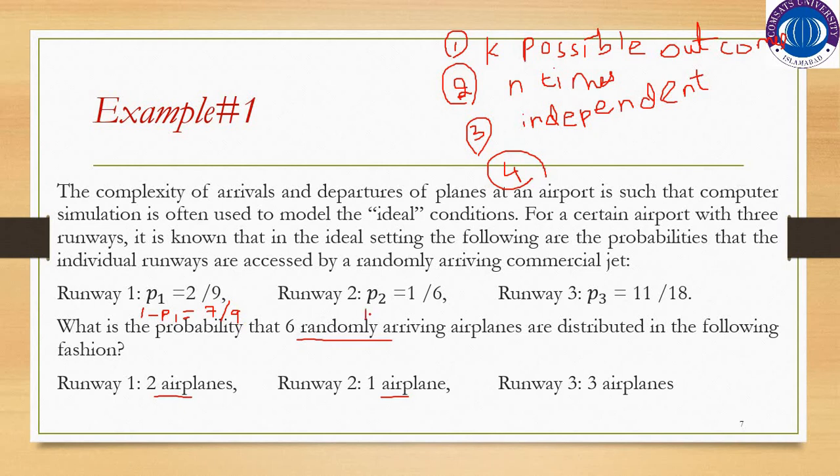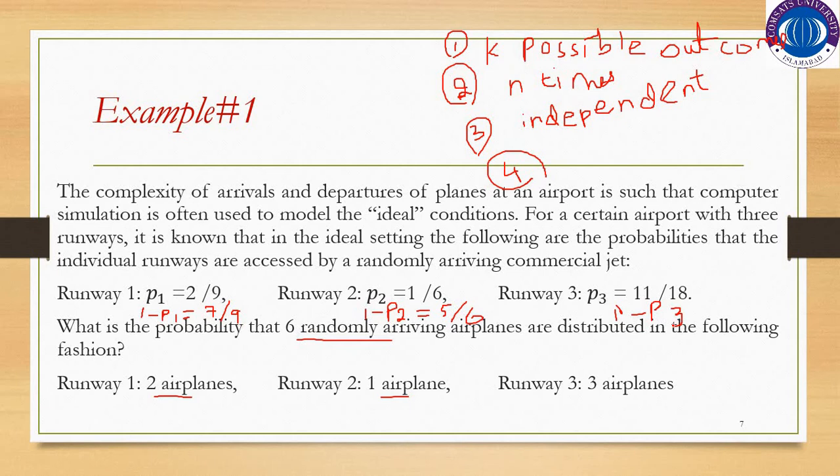Similarly, 1 minus P2, which is equal to 1 minus 1 by 6, which is 5 by 6. And 1 minus P3 is obviously 1 minus 11 by 18.